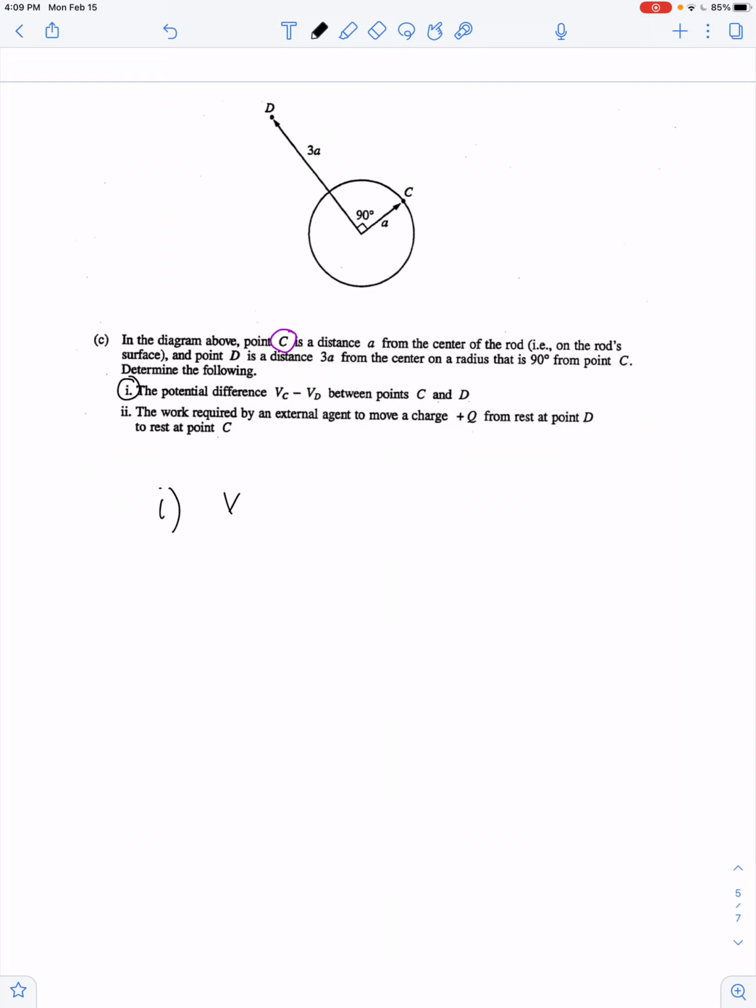V is a symbol for electric potential. Delta V is a symbol for potential difference.